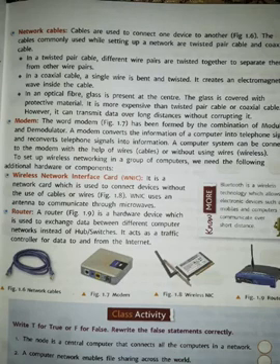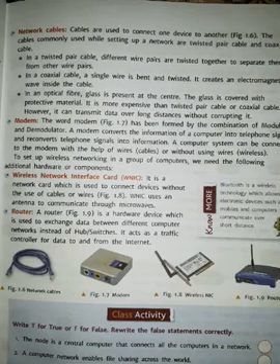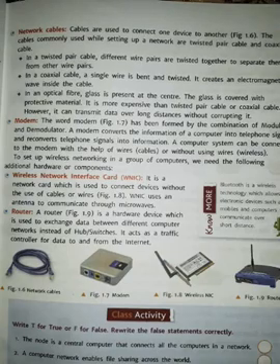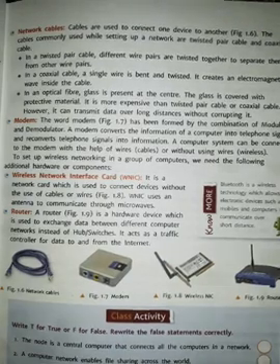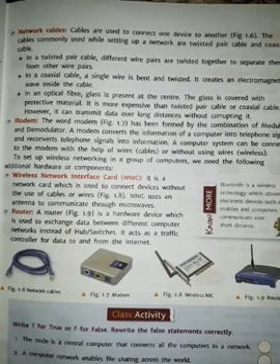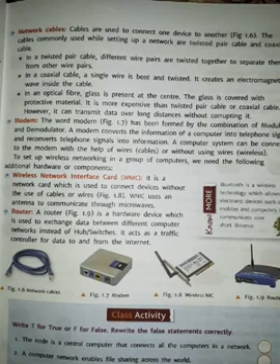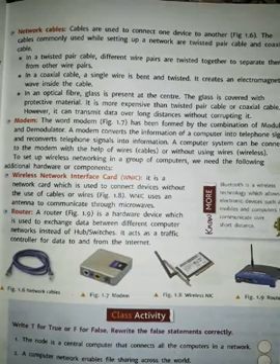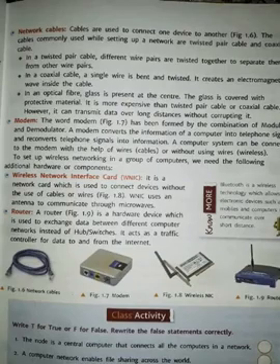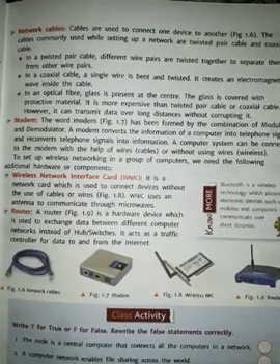Twisted pair cable is used in a limited area, like in a local area network in the same building. It can also be used in a campus area network and a metropolitan area network. We see these cables in web camera networking also.